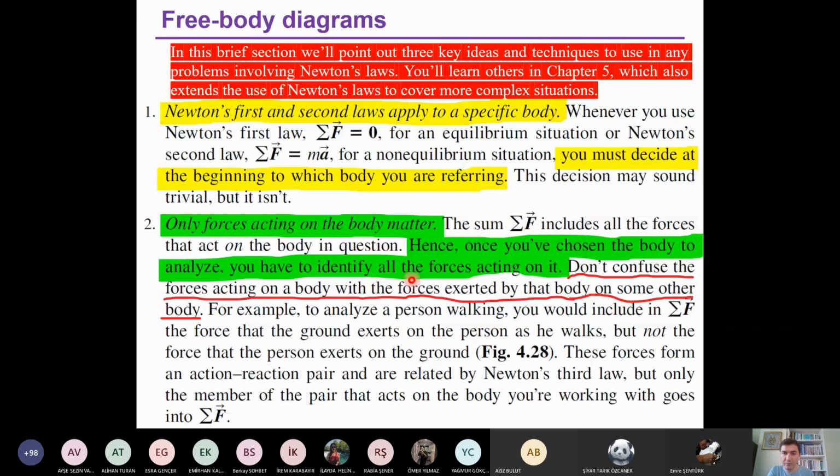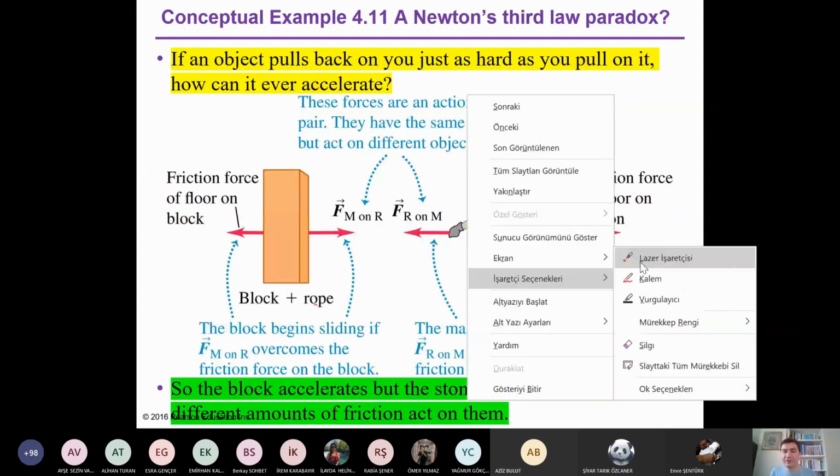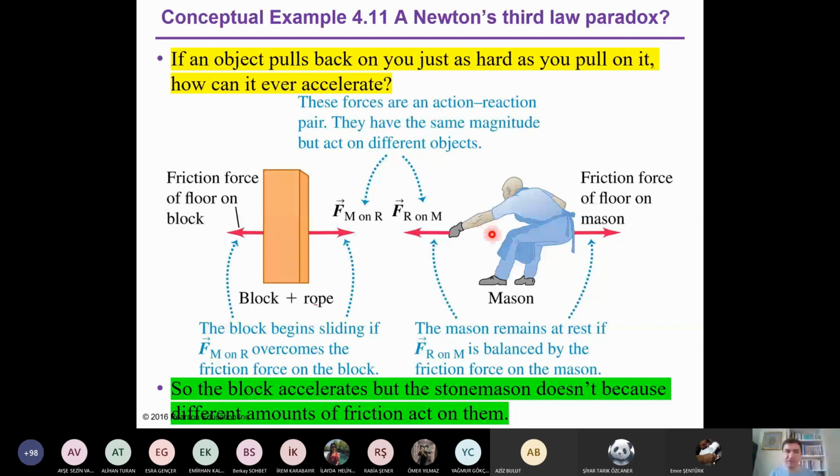Another important piece of information here: don't confuse the forces acting on a body with the forces exerted by that body on some other body. So here, for example, again, let me clean this one. We have forces on this mason: weight, normal force, friction force, and the force applied by the rope on the mason. Here we have another force applied by the mason on the rope.